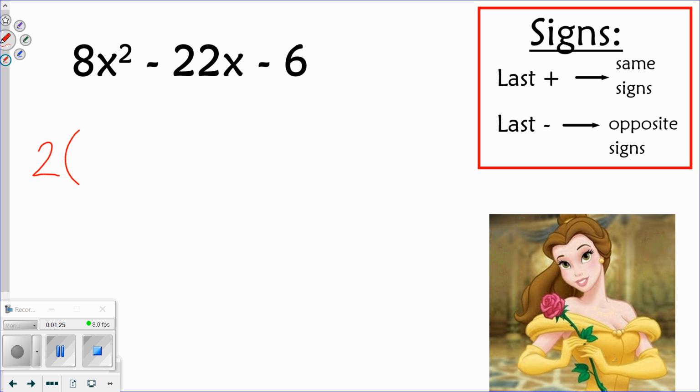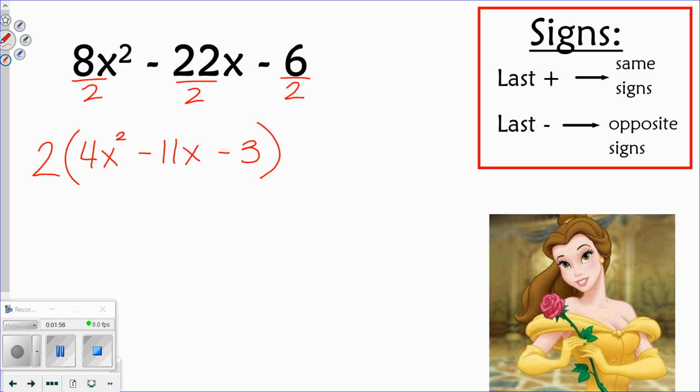What operation am I doing when I'm taking out that 2? It's division. Taking out a GCF is like undoing a distribute. When you distribute into things, we're taking it back out. So take out the 2, and we'll be left with 4x squared minus 11x minus 3. That was a skill we worked on Friday.